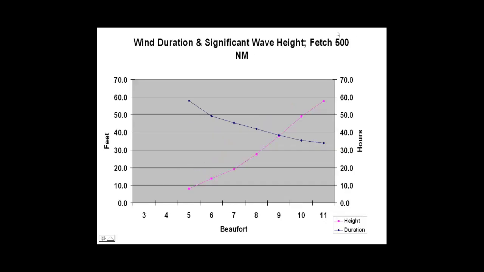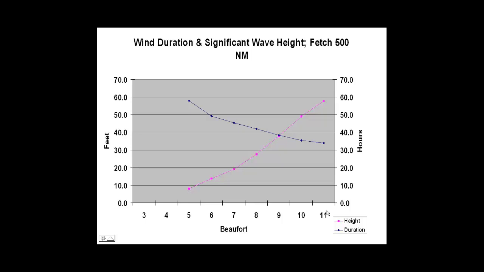Same thing, a fetch of 500 miles, feet, height, duration, hours on the right. Beaufort 5, blowing for, it takes almost 60 hours at Beaufort 5 to produce a 9-foot wave.